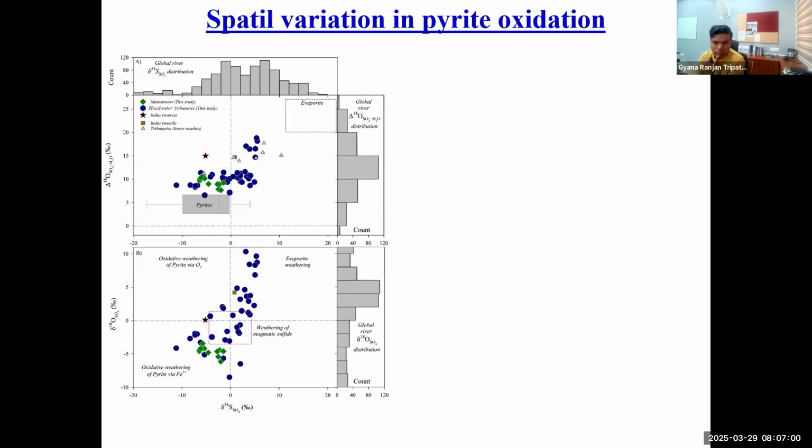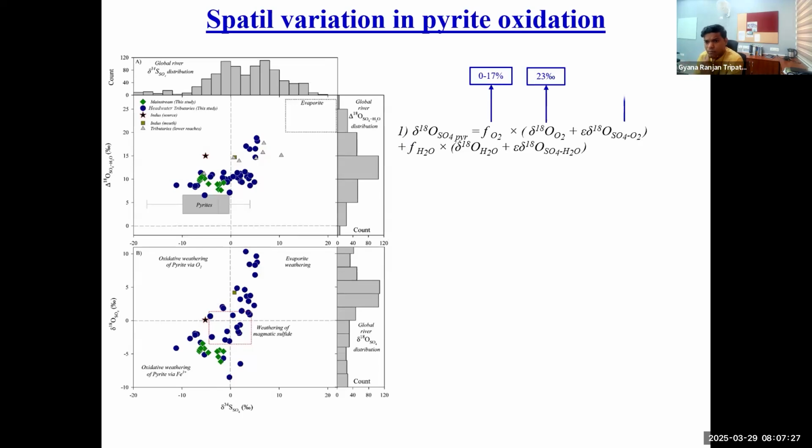So we have come up with an amount-weighted delta 18O of water, and that has been taken care of here. If you see those values, they fall closer to the pyrite end member, or most of the data actually fall, particularly if you are looking at the mainstream of Indus, in a zone where the oxidative weathering of pyrite is expected. So these isotopic signals are more reflective of pyrite dissolution.